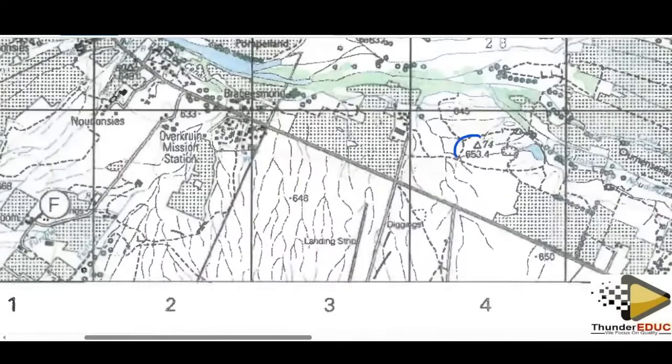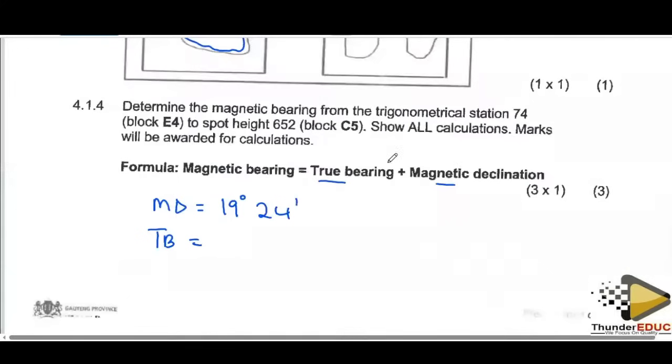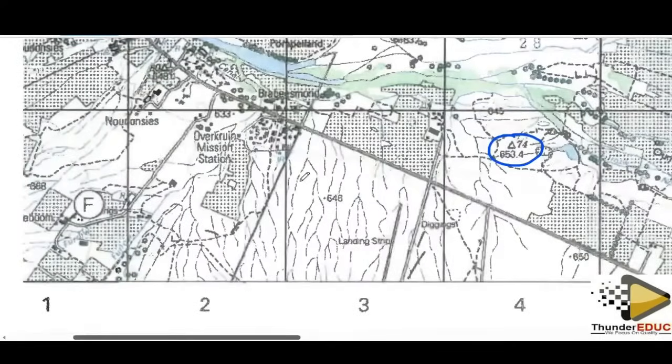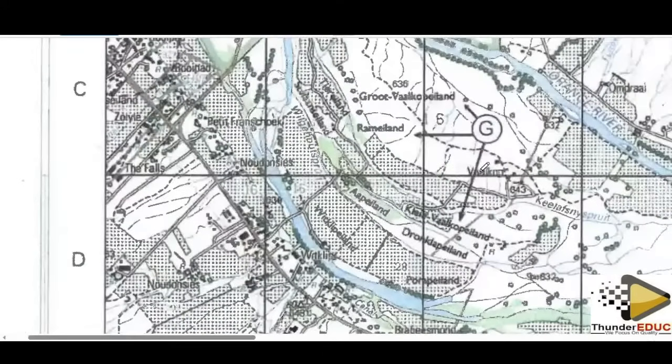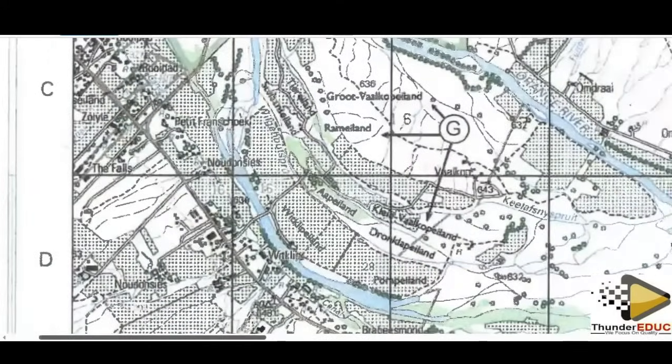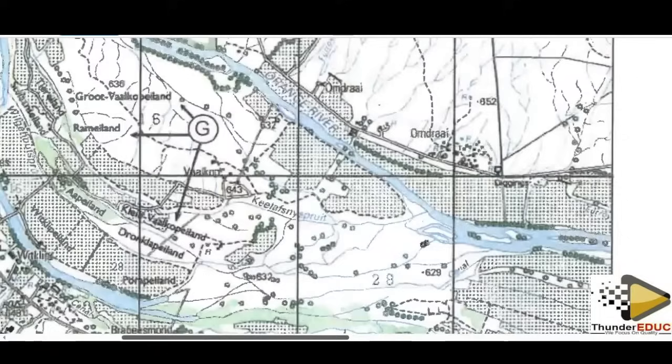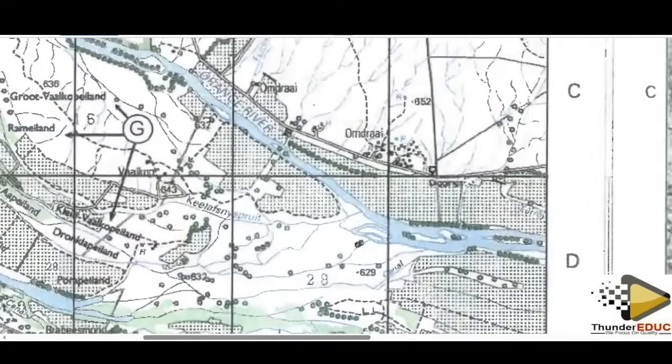We want to look at E4 and as well spot height 652 in block C5. 652 in block C5 is for C. 652 in block C5. So this is our C5 here, right? So now we need to do the true.